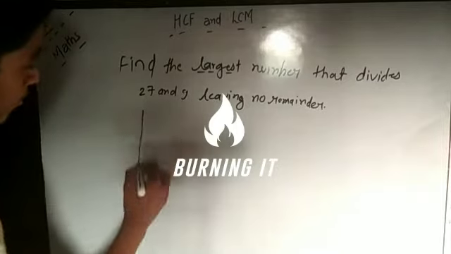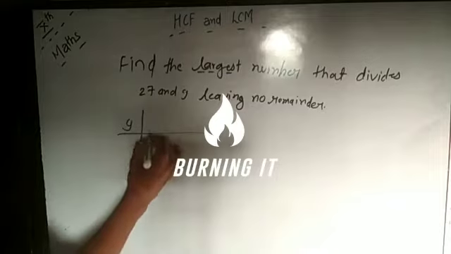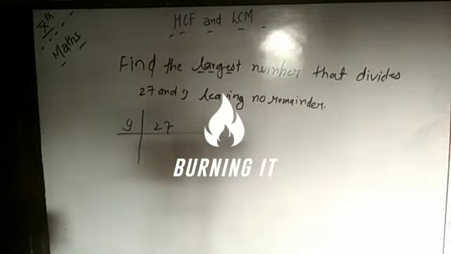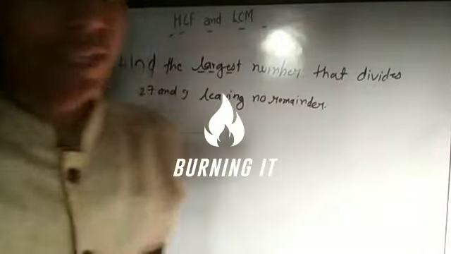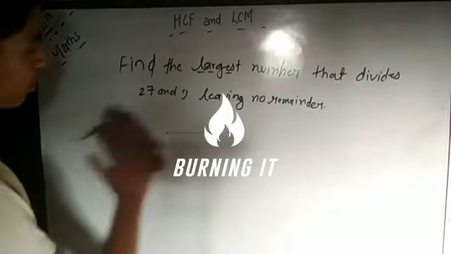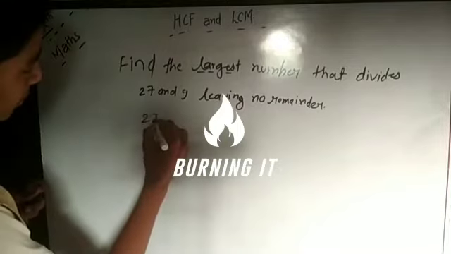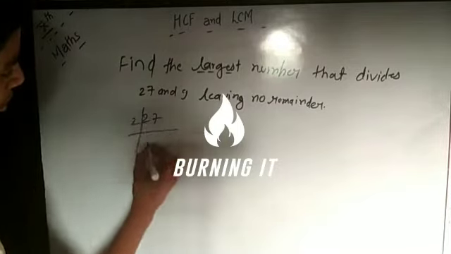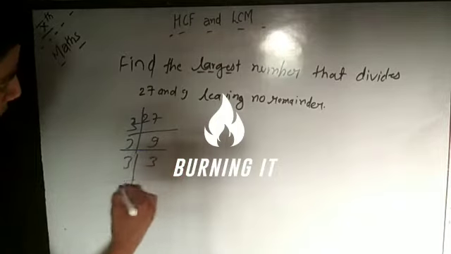Now look here. We have to simply find the HCF of 9 and 27. We can even use the method of prime factorization, which is a very simple method of finding HCF. What about 27? How can we factorize it? 9, 3, 3, 3, 1.